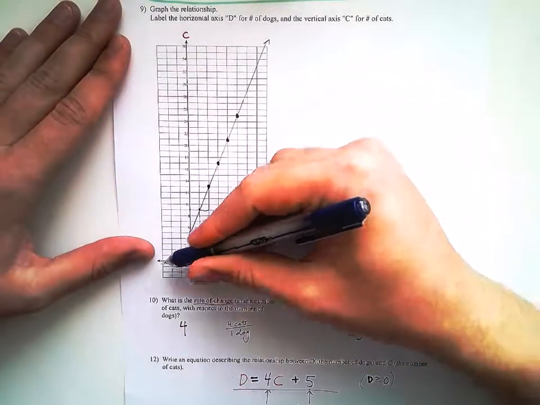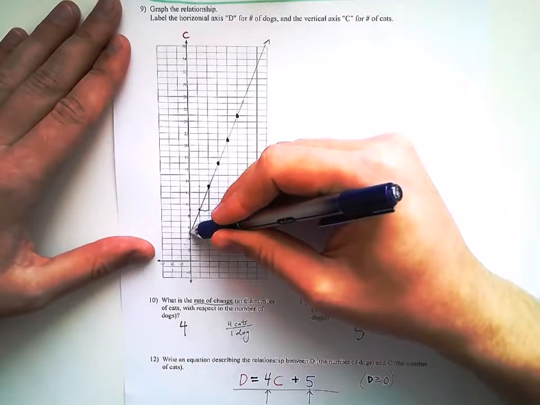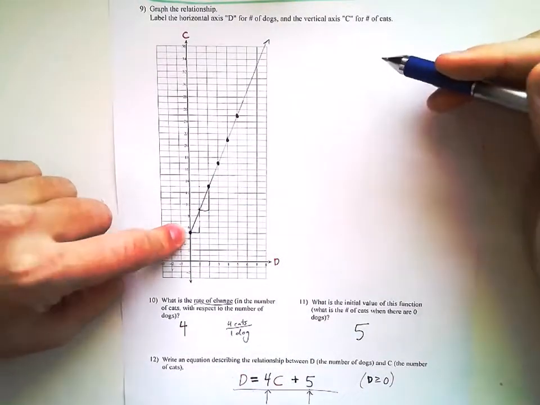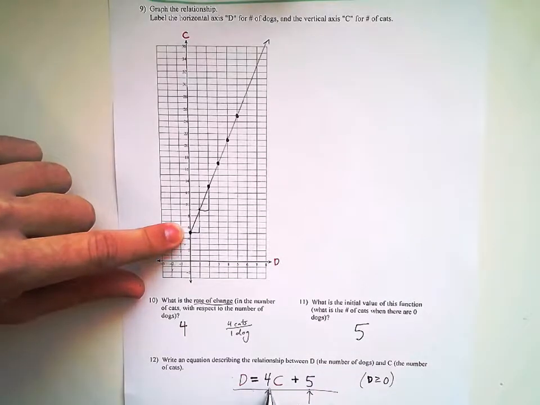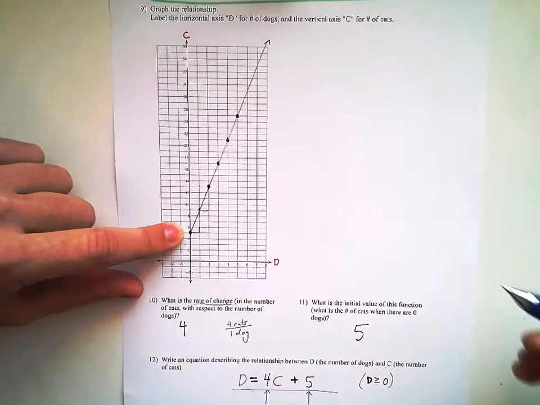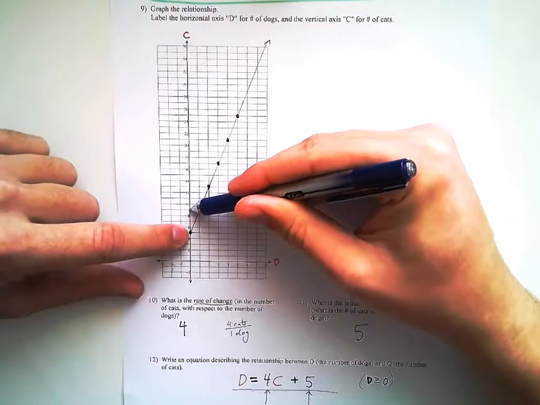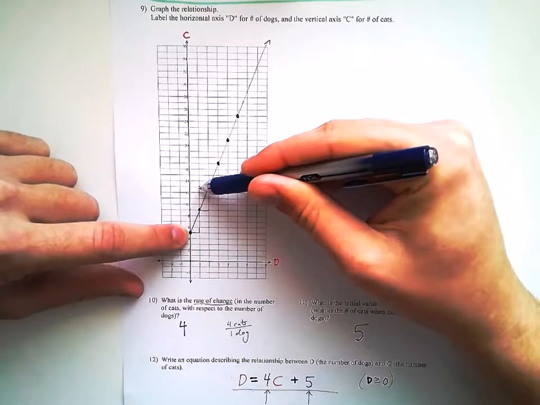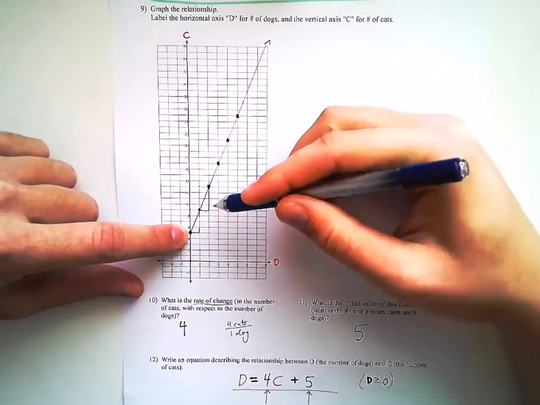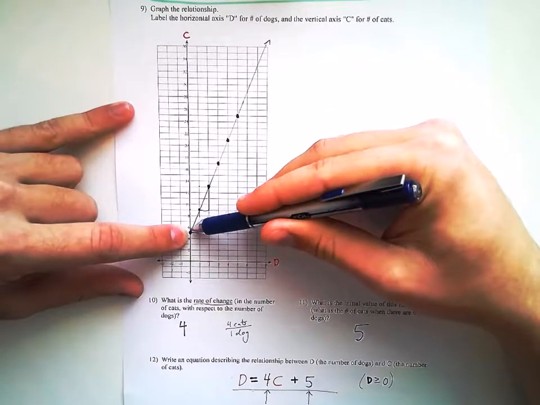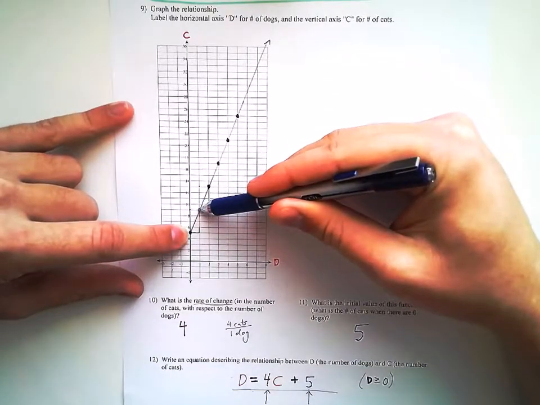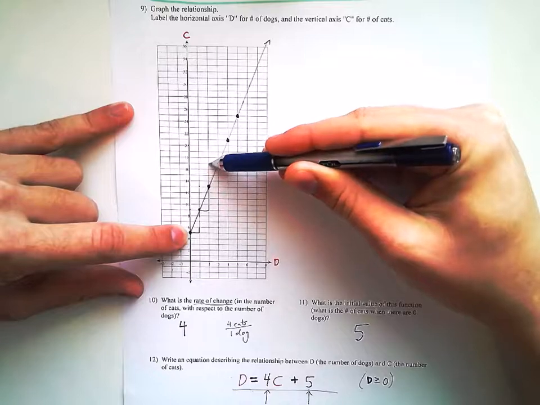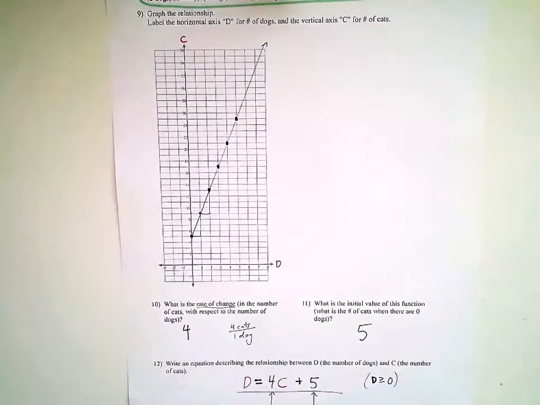So when D is 0, it's got to be 5 and get that point right there. And then 4 is the rate of change, so we go up 4 over 1, because that's the rate of change. 4 cats for 1 dog.